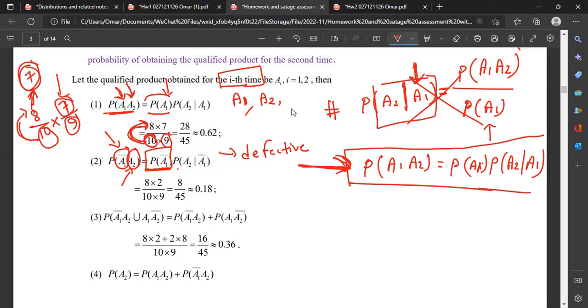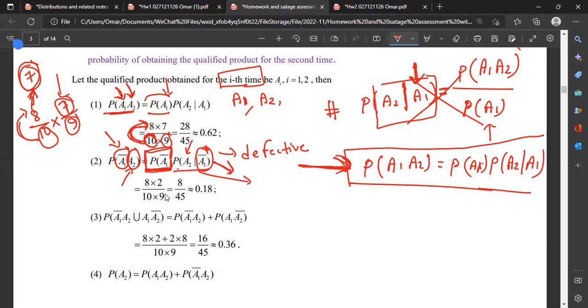You see here, you have to add an extra condition, because the product is qualified for the second time, but we have already taken the first product, and the first time the product is defective. So here the condition will be defective, because the first time it was defective. So it means the product is qualified for the second time, given that the first time it is defective.